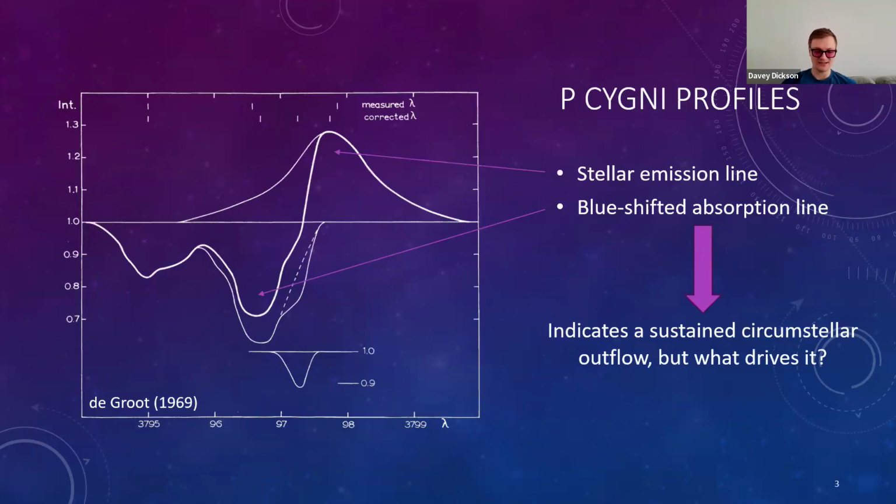While P Cygni is a peculiar object itself, these similar profiles have appeared in a lot of spectra that we've seen since. But in the 60s, when it was observed, it was rather a curiosity where we saw an emission peak from the stellar emission and a blue shifted absorption line.